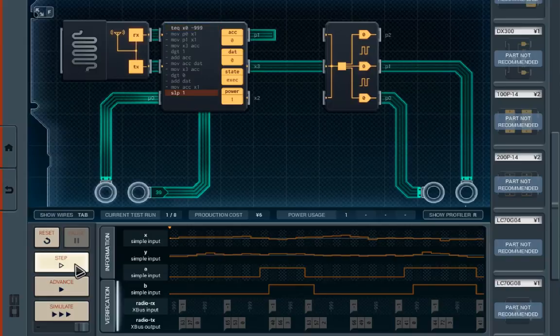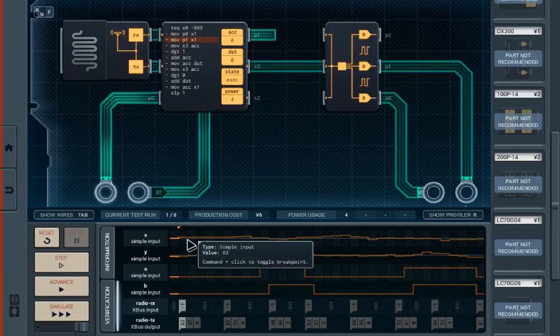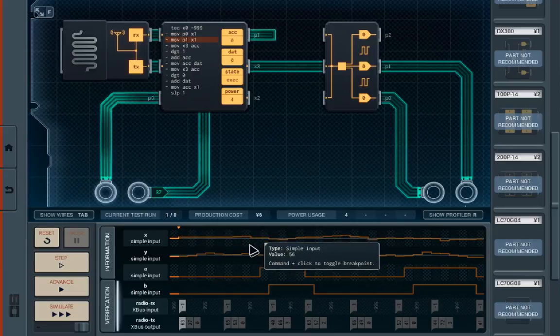So first cycle, we got no input, so we did nothing. Great. Now we're getting an input, so we do everything. Move P0, that's X, to X1. Okay. It's hard to tell on this graph whether it's what we wanted. Oh, that's the simple input, geez.